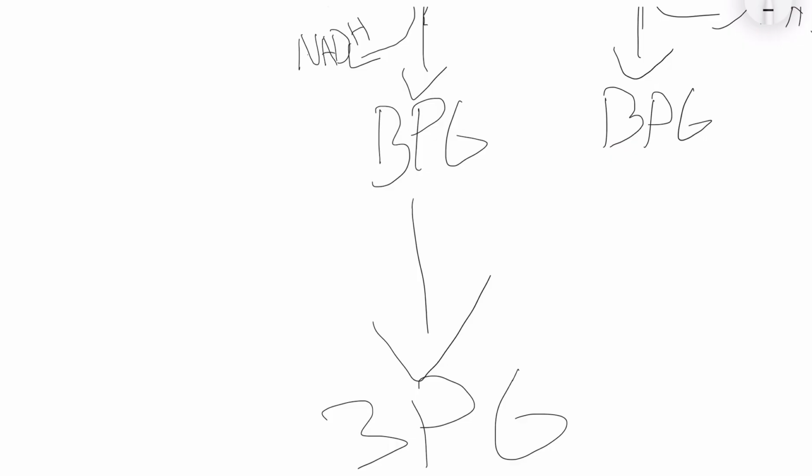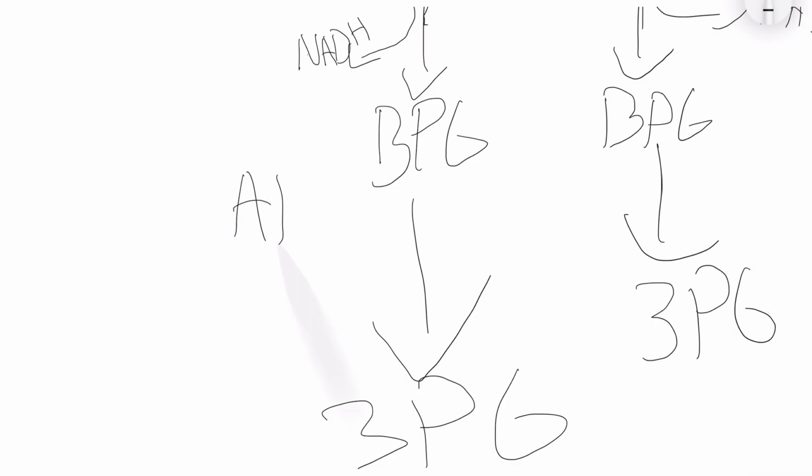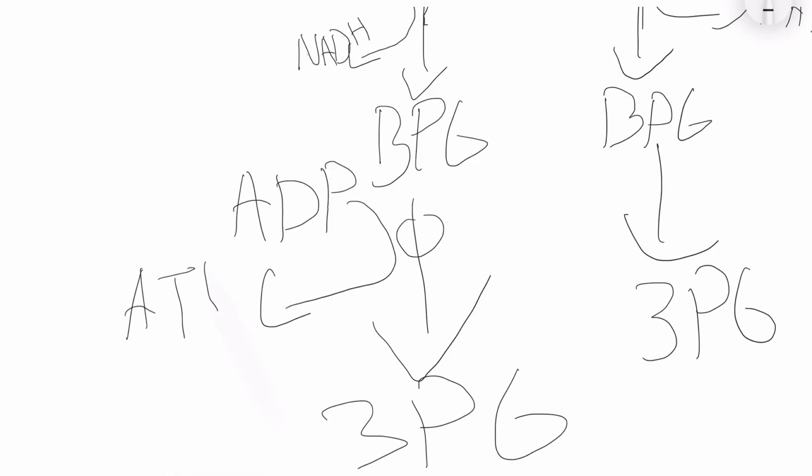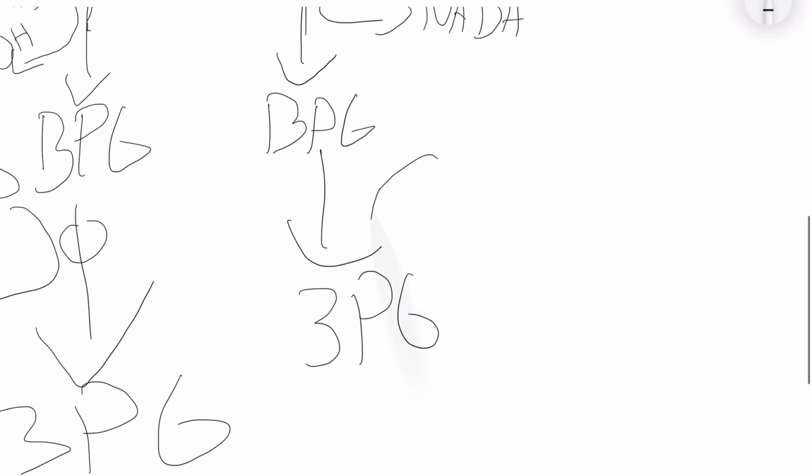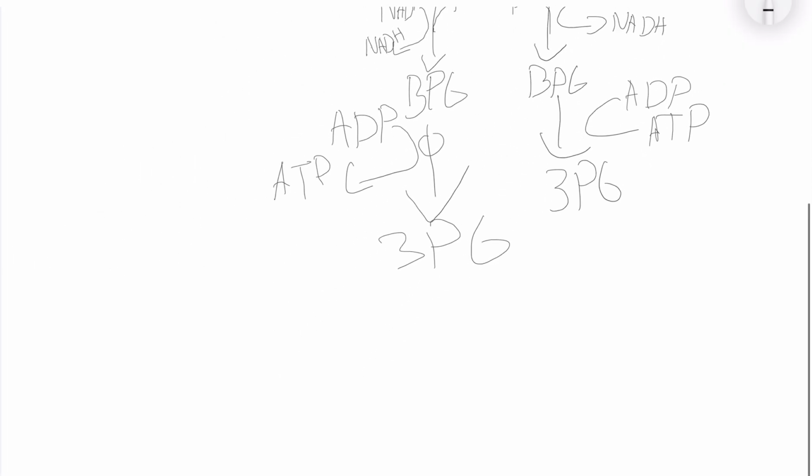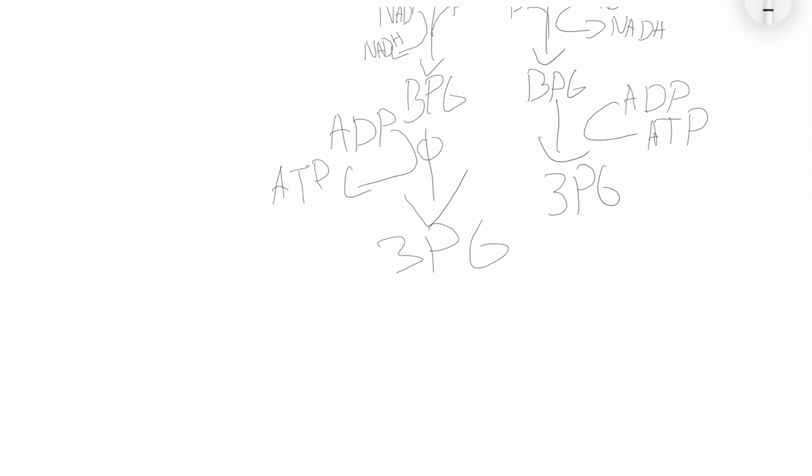So what we're going to do to cancel that out is lose that phosphate, so we're going to take 1 ADP, which is adenosine diphosphate, and we're going to take 1 phosphate from BPG and get adenosine triphosphate, ATP. And same thing's going to happen here. Right? And now we have 2 3PG molecules.